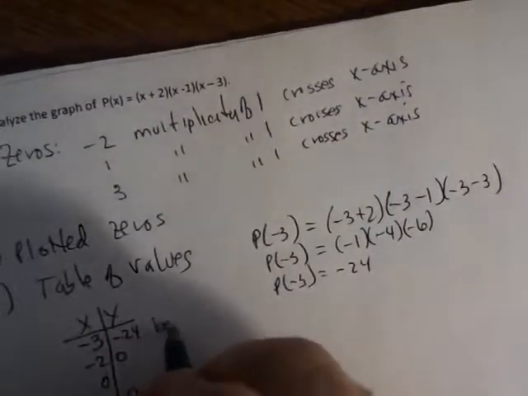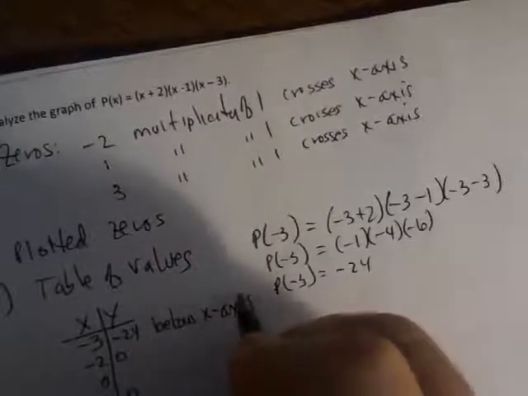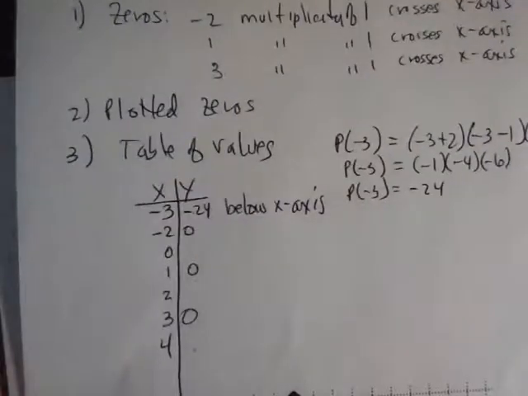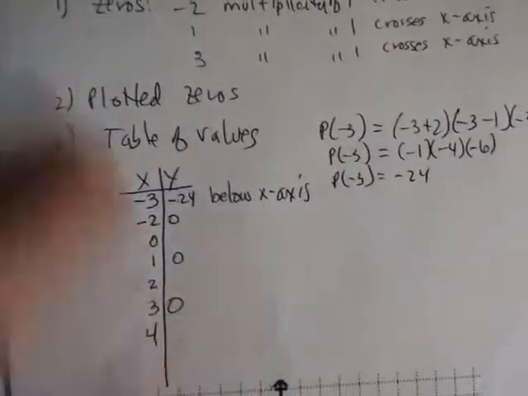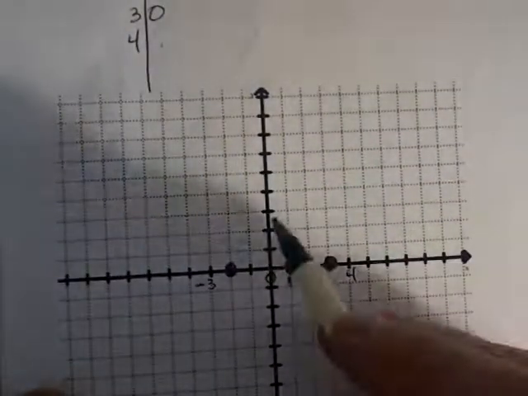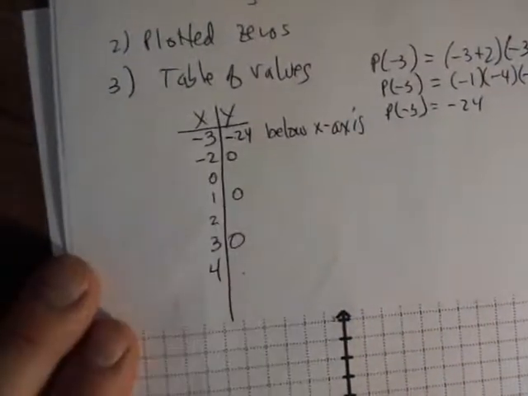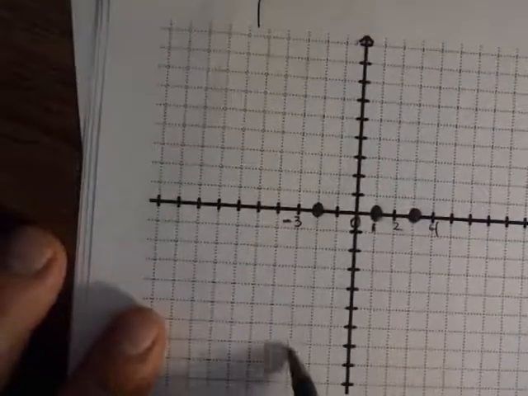And what I know about this point is it is below the x-axis. Okay? I'm not going to create a y scale yet, simply because you'll see some of these numbers can get very small or very large. So we're just going to know that whatever x is -3, it is somewhere below the x-axis because y is negative.